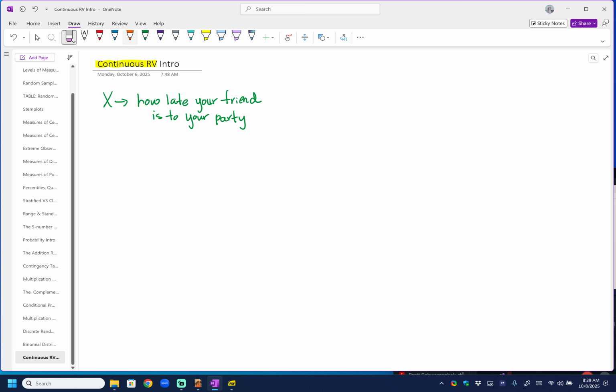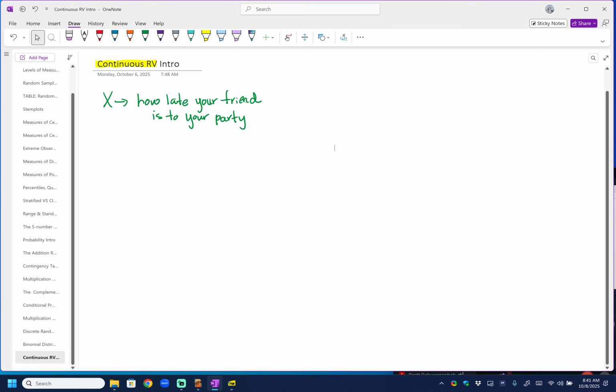You don't say that. Normally you just round to whatever the whole number is going to be. So the reality is, though, the outcomes of this are all decimal values. So we need some way to represent that in terms of a distribution.